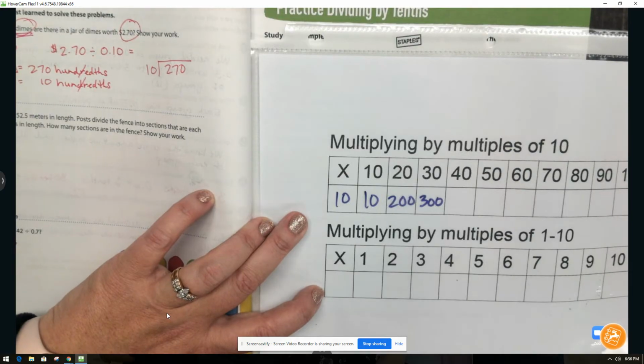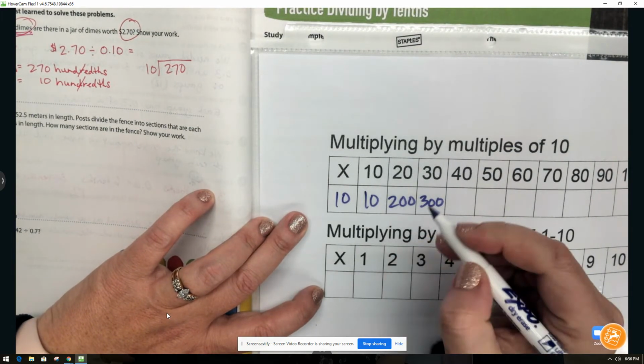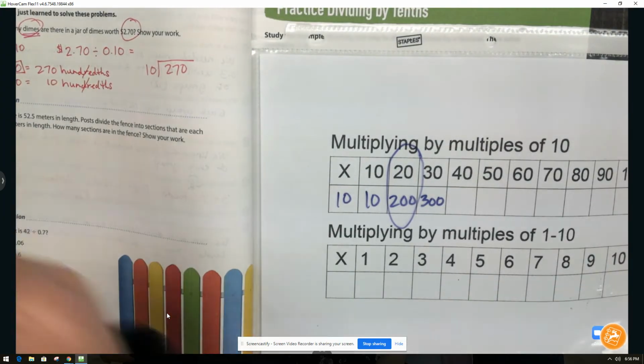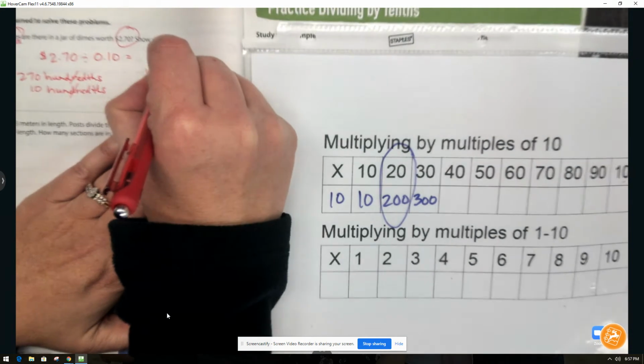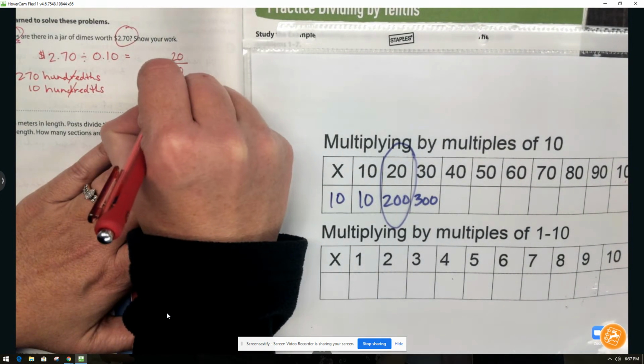Oh, I can hear you right now saying stop. We can stop because 300 is too high. So 10 times 20 is 200. So our first partial quotient is going to be 20. 10 times 20 equals 200.